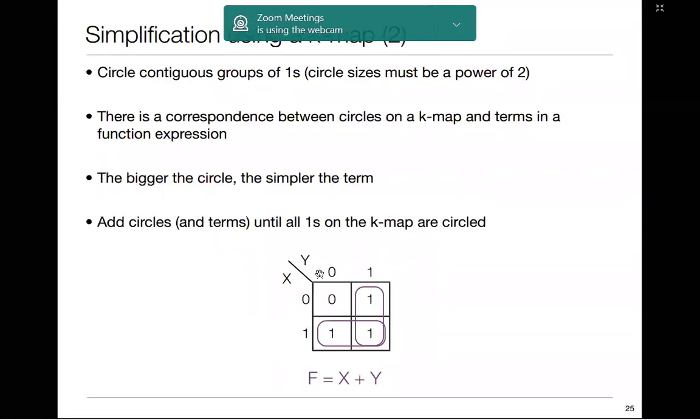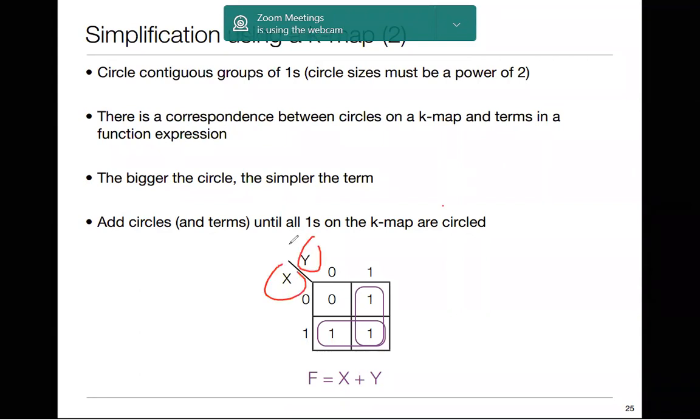If you can see, I had two terminologies over here, X and Y, two variables X and Y.